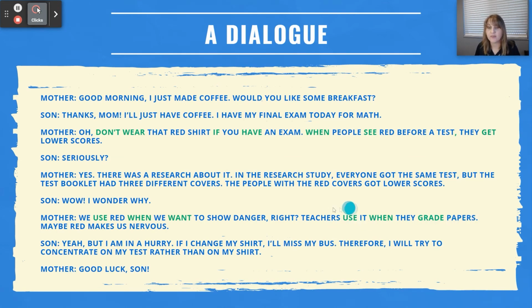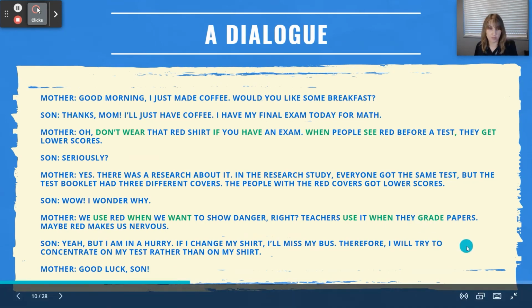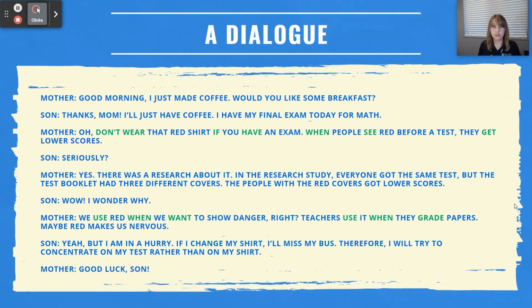Again, we have the result, use, and the condition, when they grade. By the way, the word grade is used here as a verb. So that's a very vivid example of how we are using our conditional zero in everyday speech, in a dialogue, in a question and answer format.